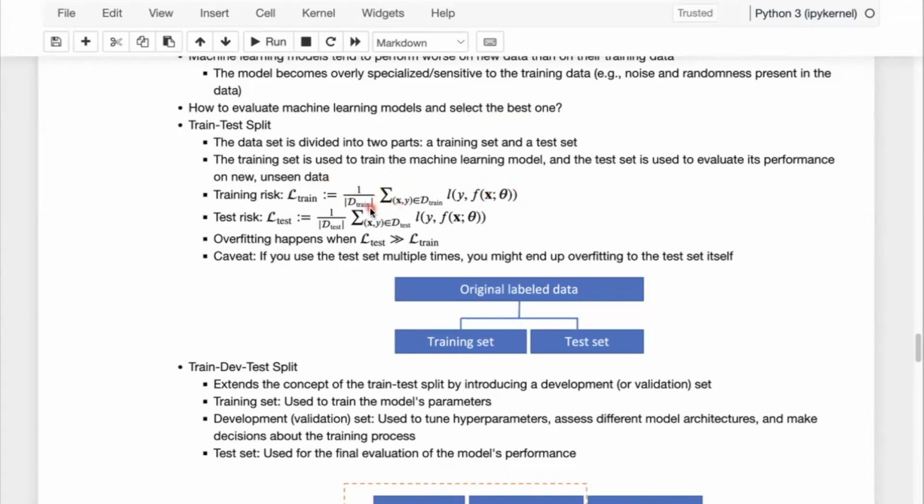Then we perform empirical risk minimization to find the optimal values of theta. When you do that, the next step is to test the performance of your model using this unseen data. This allows you to find the loss function values for the test data points, because you actually know the responses or outputs for those data points.